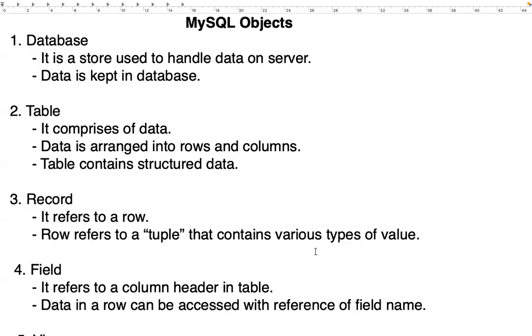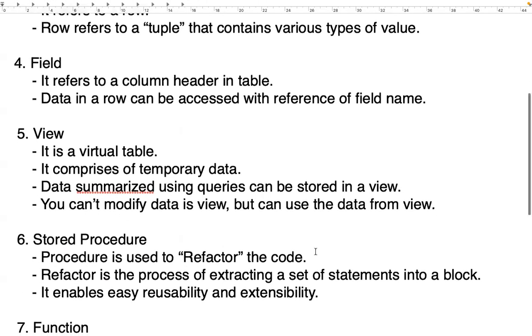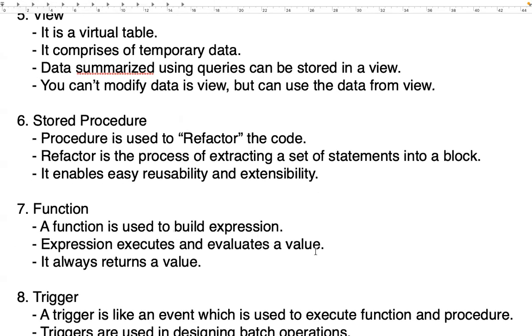But views cannot be modified, right? And certain queries we need to execute regularly with a few changes every time. Then we can create them as procedures. To design any logic which returns a value every time, we need functions.